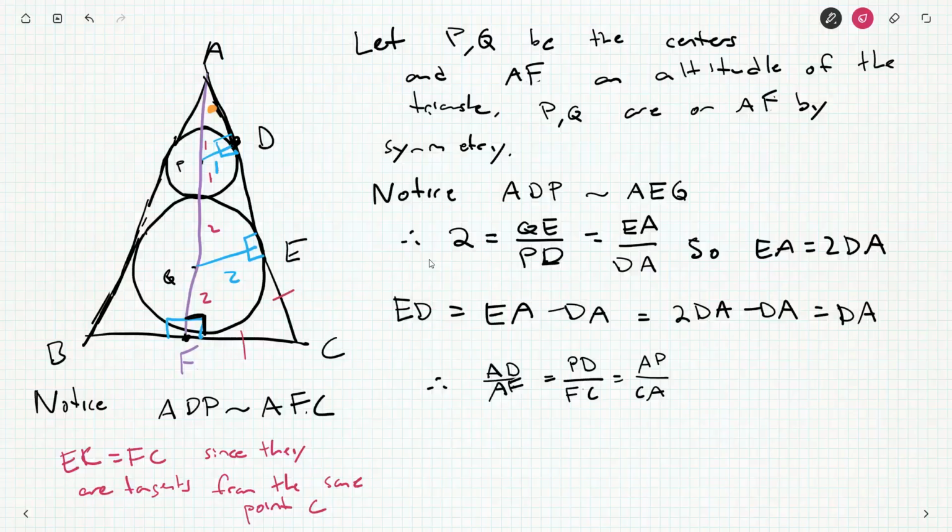But that does mean that we want to relate it all to AD. AD over AF is 1 over FC, which is really EC. And that's one of the ones that we want to talk about. So if only I had more information about AF. Well, AF is 2 more than AQ.